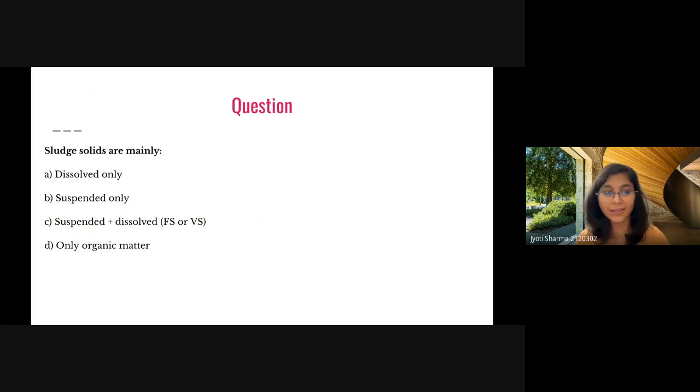Sagar gave me answer C, and Dia B, but yes, I agree with C, because it also has dissolved and suspended solids, and that's how it will create the sludge solid.